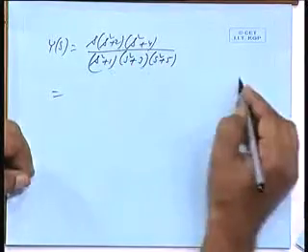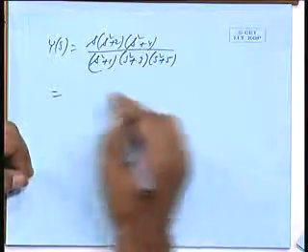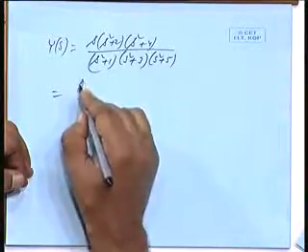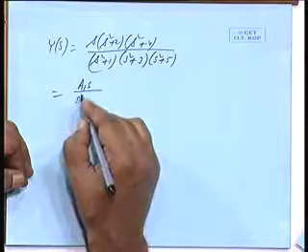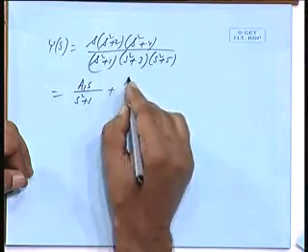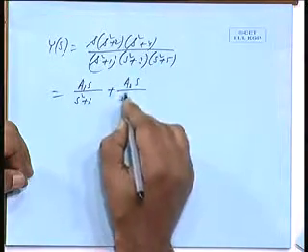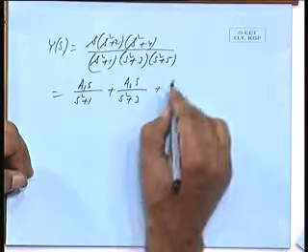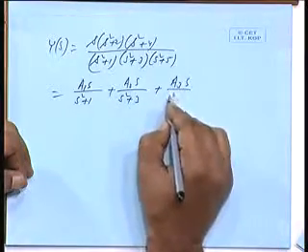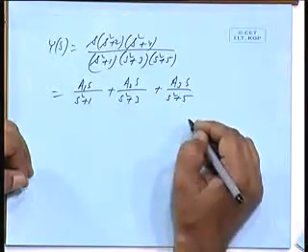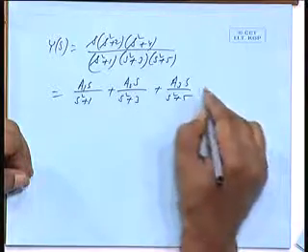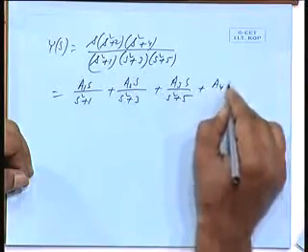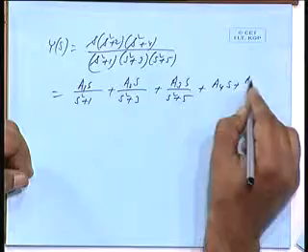Again I make partial fractions, so it will be A1S by S squared plus 1 plus A2S by S squared plus 3 plus A3S by S squared plus 5. Okay. Will there be A4S and A5 by S?